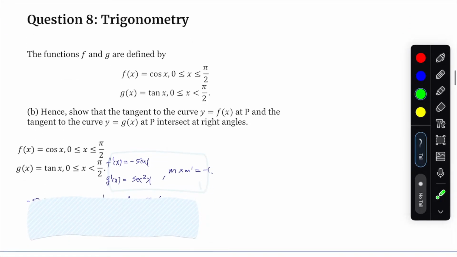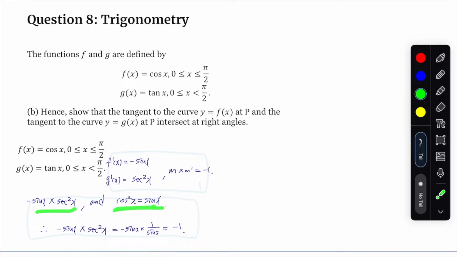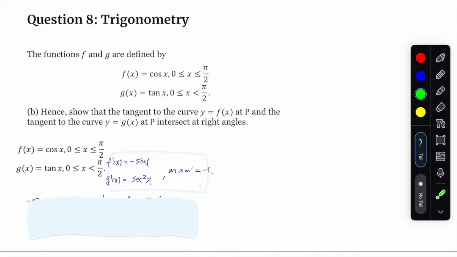So what you do is find the gradient of the tangent first by differentiating each, and then show that the product becomes -1, at x equal to k. I didn't bother to write the k here, but you should have written the x as k. If you look at the product, it becomes like such. But then what we have established before, the sine x was a cosine squared. So I can actually replace them as 1 over sine, and hence the product will become -1.